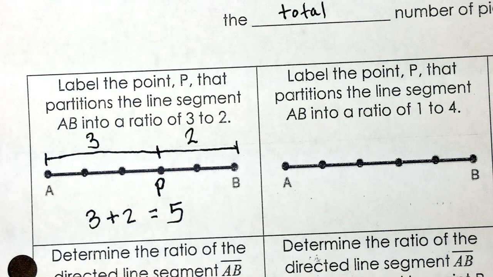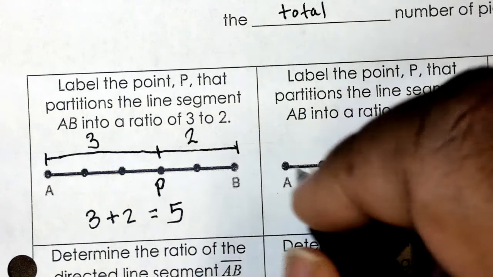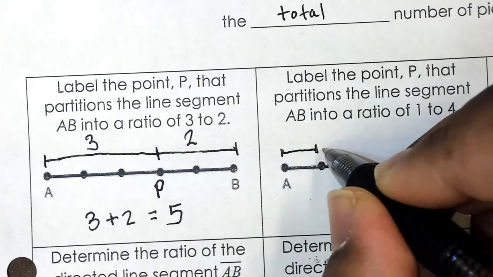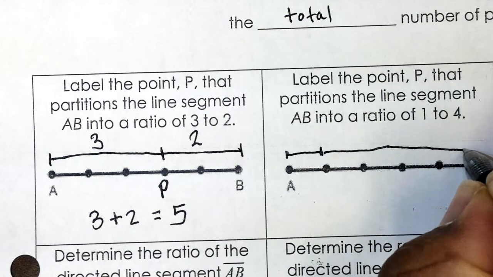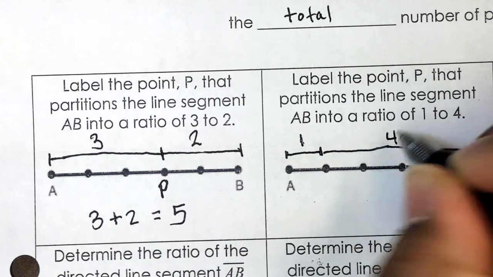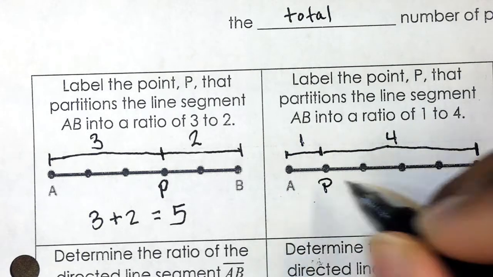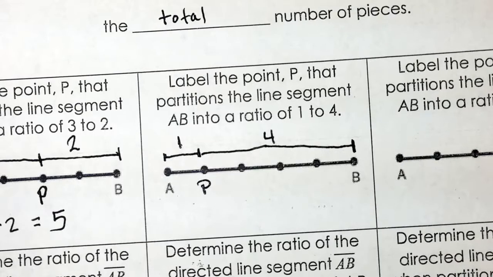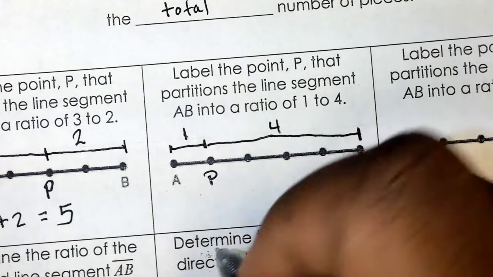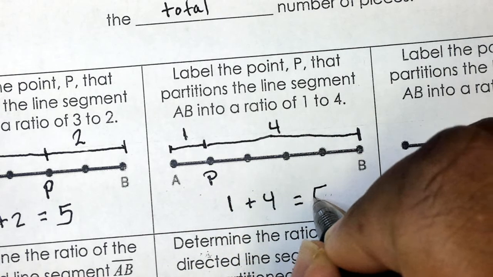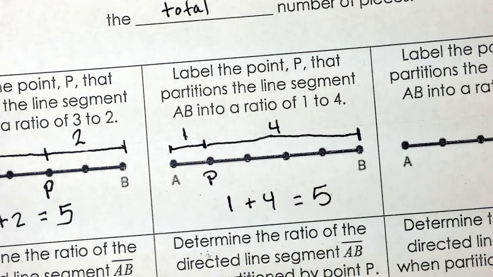The next one, we're splitting it 1 to 4. Partition point is here. And obviously our total is still 5. We just partitioned it differently. We did a 1 to 4 split.